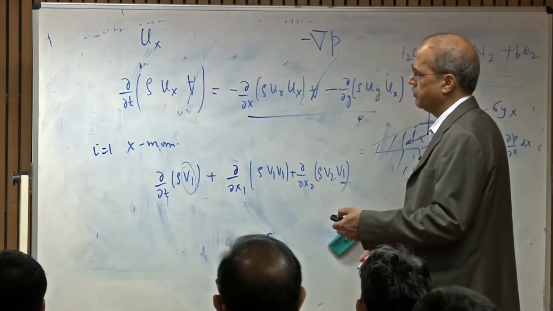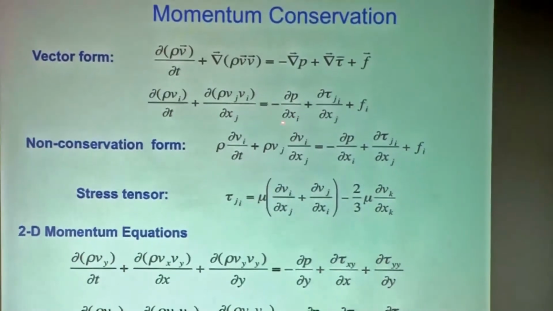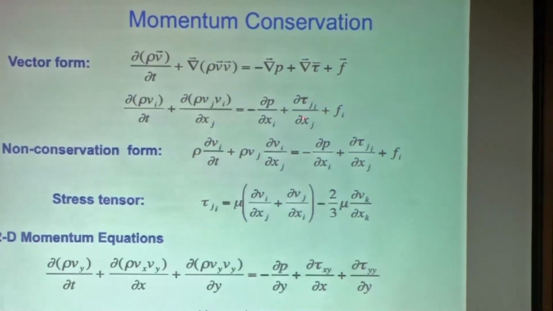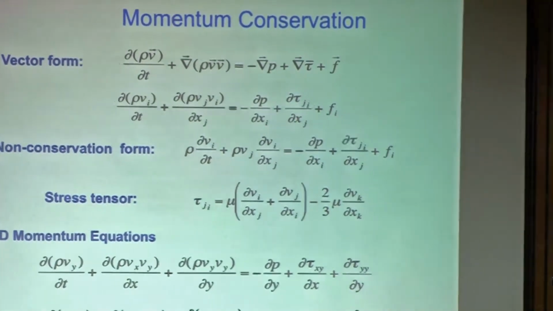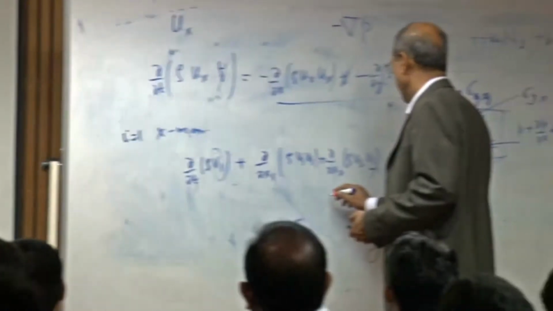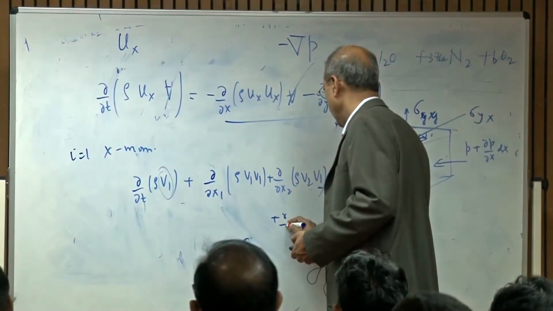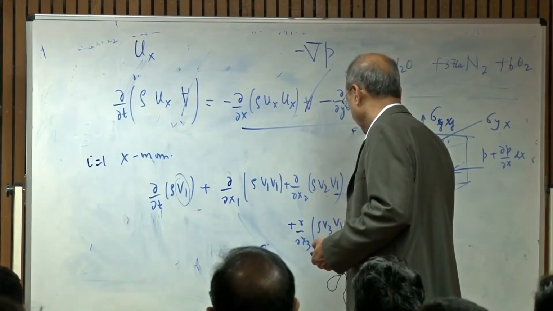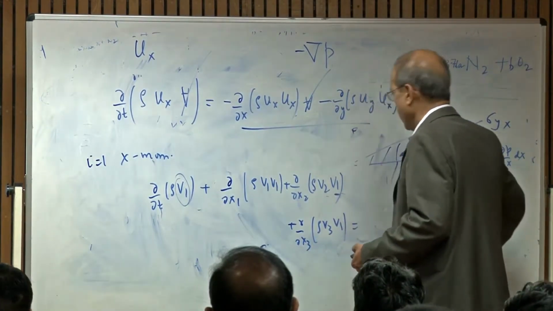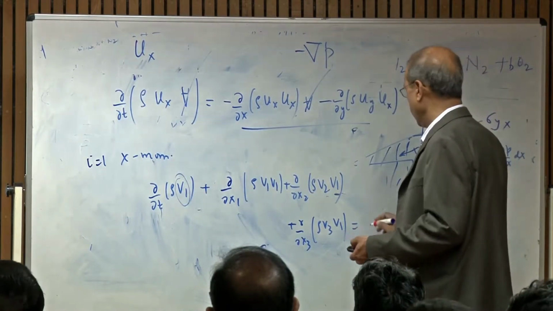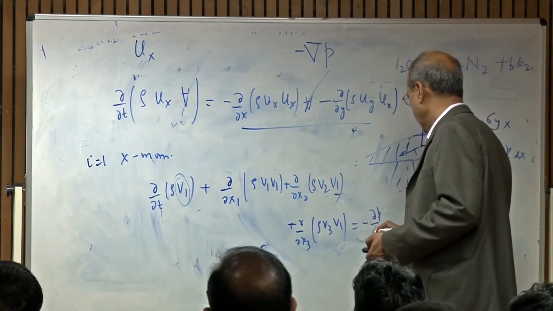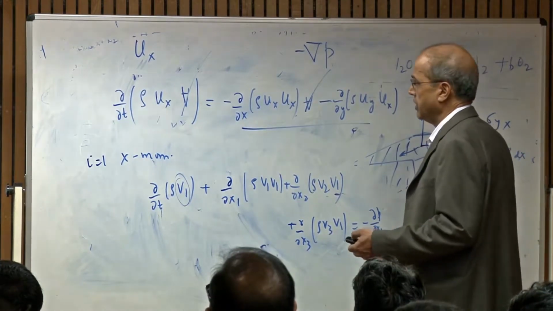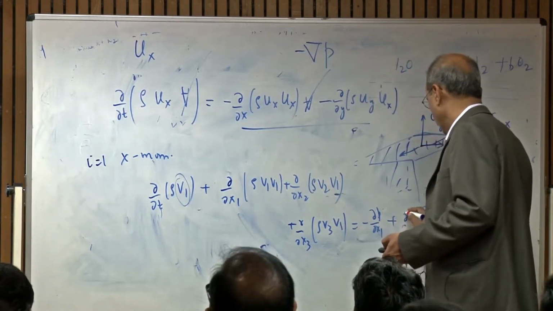Okay. So dp dxi here, which will be dp dx1, and same way the viscous stresses. And the third one is ddx3 rho v3 v1. Okay. And then dp dxi will be dp dx1. And then the viscous stresses you write the same way.